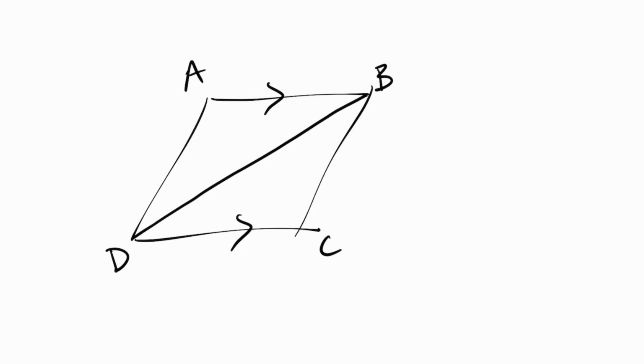For example, you might see a problem like this that tells you that these two sides are parallel. Let's just call this A, B, C, D. So it might tell you that AB is parallel to DC. It might give you some sort of a diagonal like this.